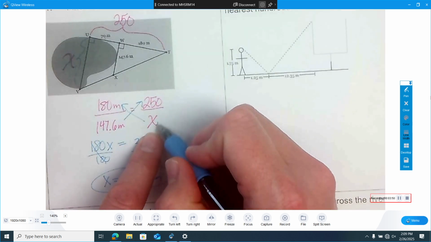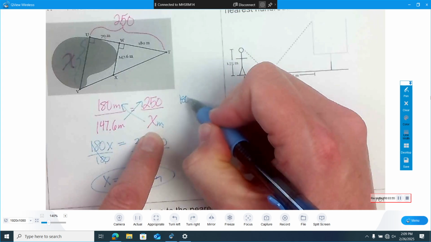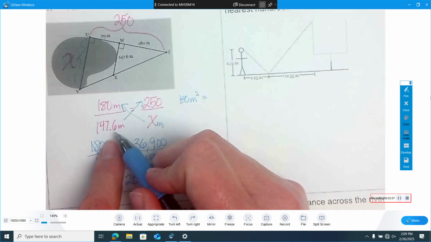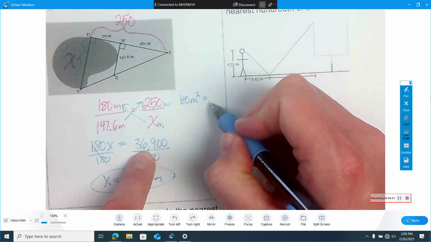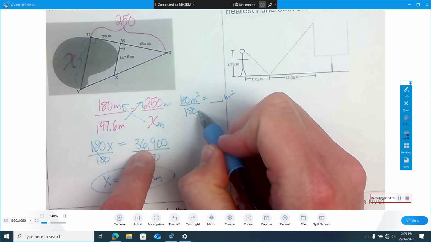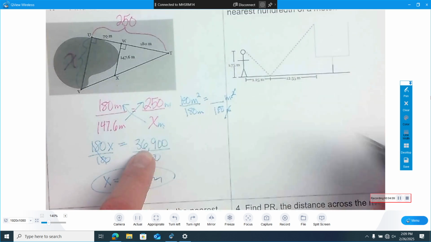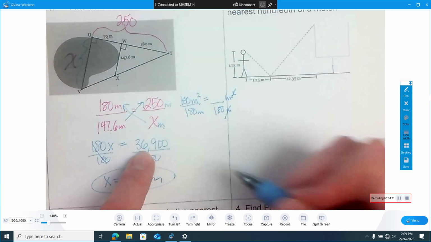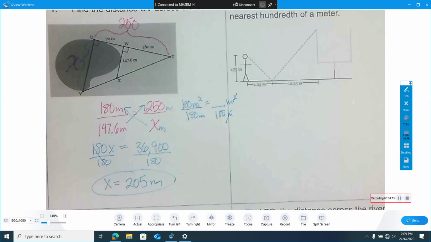So what's happening here is we have meters times meters, so we get 180 meters squared. And over here we have more meters squared. And then when we divide by the 180 meters, a meter squared and a meter cancels out. And we're still left with meters. So I love that you're analyzing the units. That's very cool. But yes, length is meters.